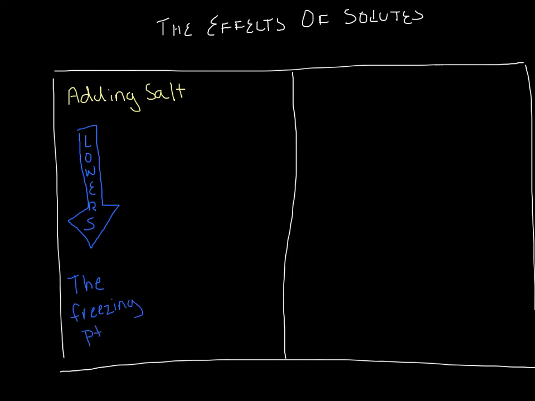And how that happens is if you have water molecules and they're trying to form ice crystals, so they're trying to get together and make a crystalline structure, and you put salt in there, that prevents those bonds from forming into ice crystals, and so the salt gets in the way, and so the water has to actually get lower than 32 degrees in order to freeze.